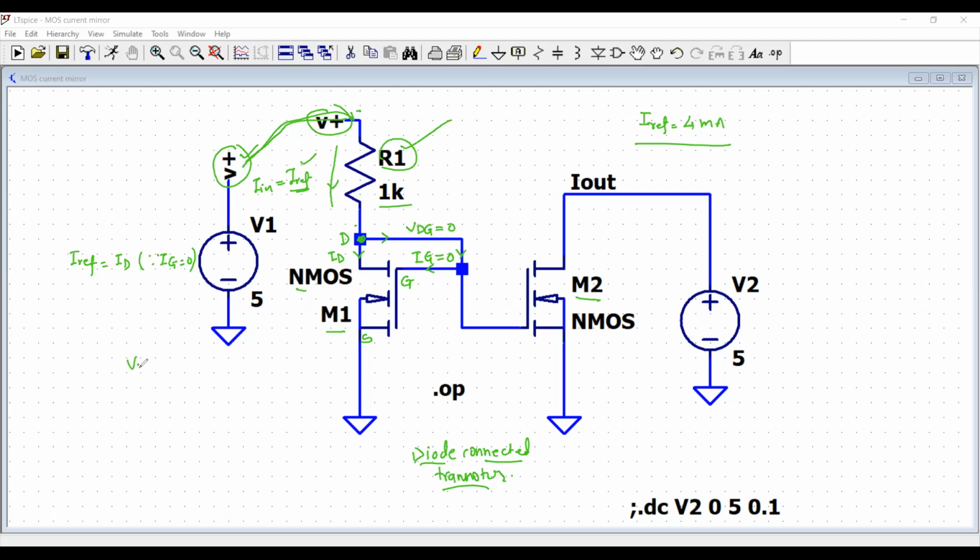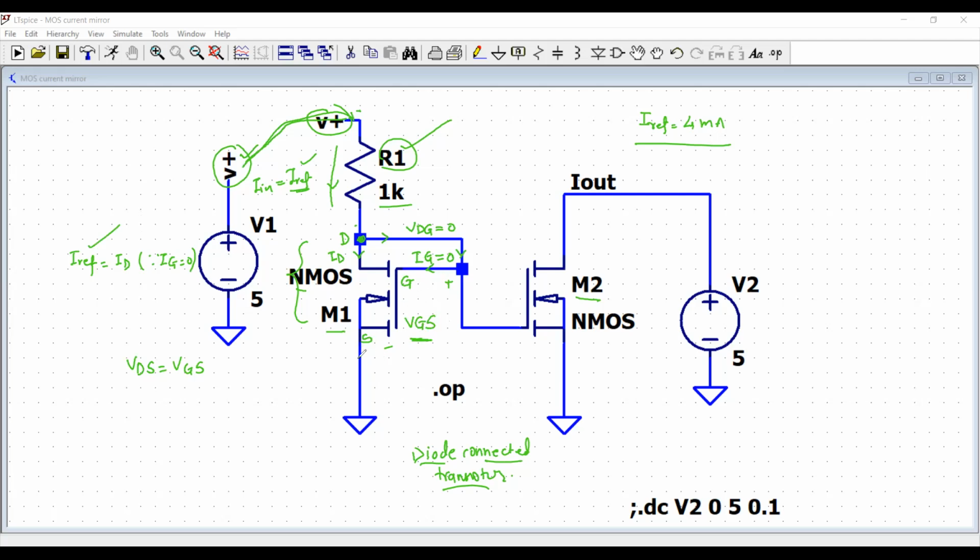So I can also write that VDS, which is the voltage difference between drain and source, is equal to VGS, which is the voltage difference between the gate and the source.